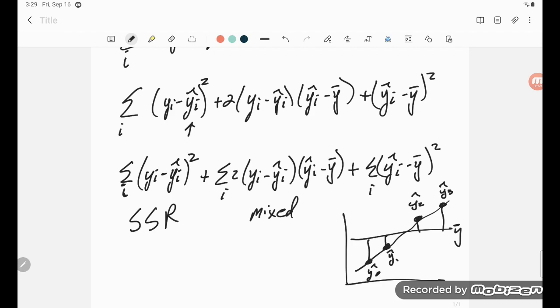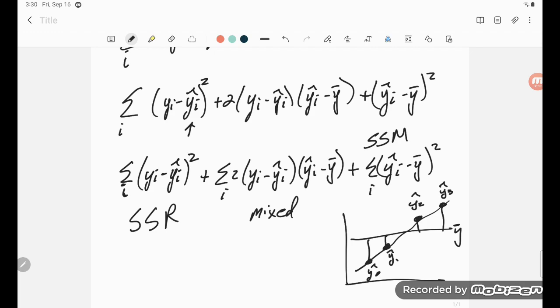And so the question becomes, and here I'm going to call this sum of squares model. So I guess I'll put it up here, sum of squares model.